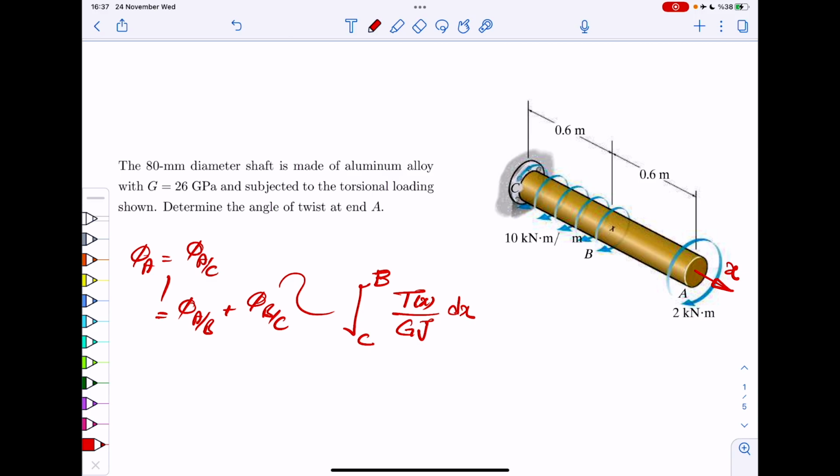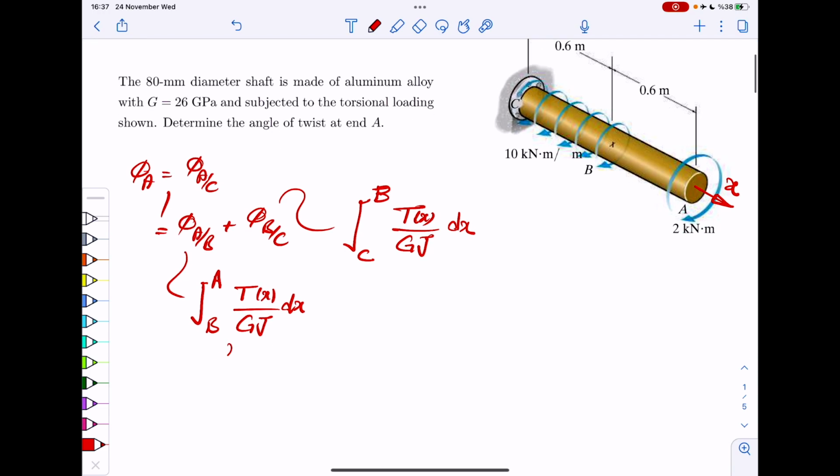All right? But from B to A, T is constant. You can think of it as an integral also, but because that T is constant, you can immediately write it as T of BA times the length of BA divided by GJ.